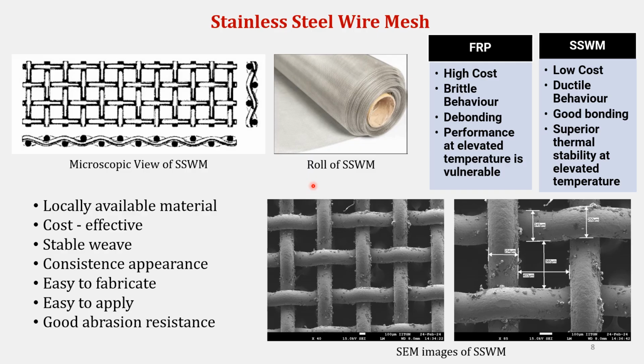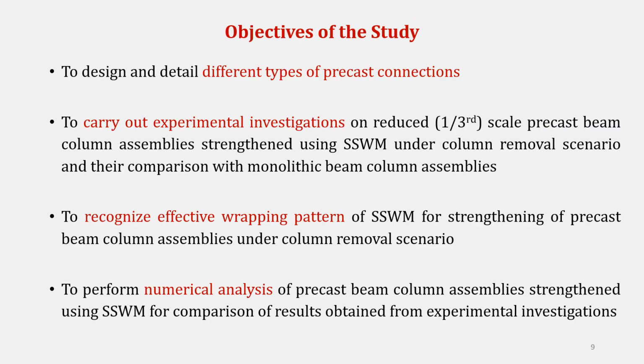SSWM is a locally available and cost-effective material which comes in roll form. It has an orthogonal grid configuration with a stable weave as shown in the SEM images. It provides superior ductility and better thermal stability at elevated temperature compared to FRP materials. These are some of the objectives of the project.